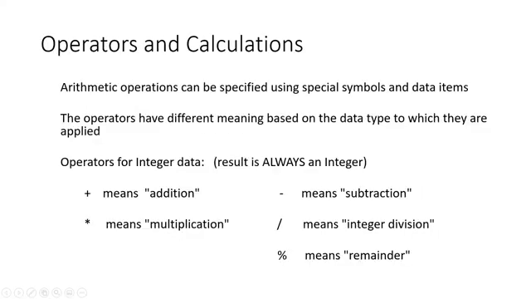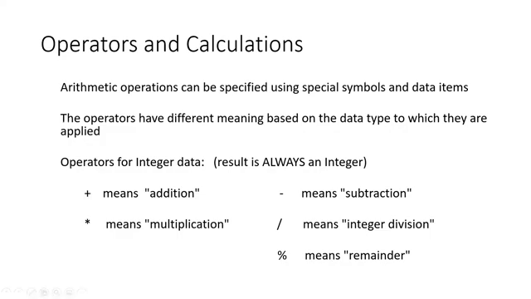Now, what are the operators and calculations that you could do on the right-hand side of an assignment statement? We have special symbols that are used for the arithmetic operations that we can do in Java. The symbols can have different meanings based on the data type to which they are applied. If you are working with two integer data, there are 5 operators that can be used.